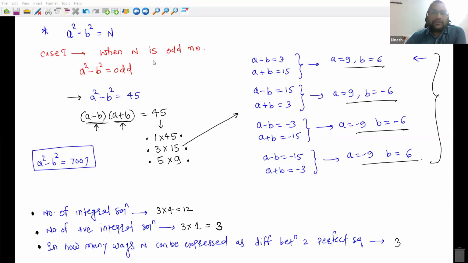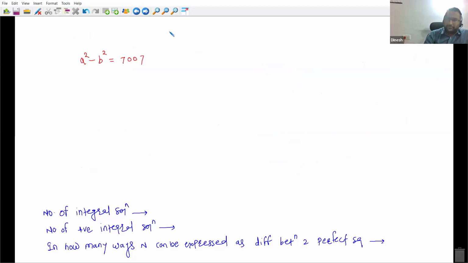Once you understood this process, this is a few seconds task, or you can say at max half a minute, if you understood this process. Tell me these three answers, everyone.